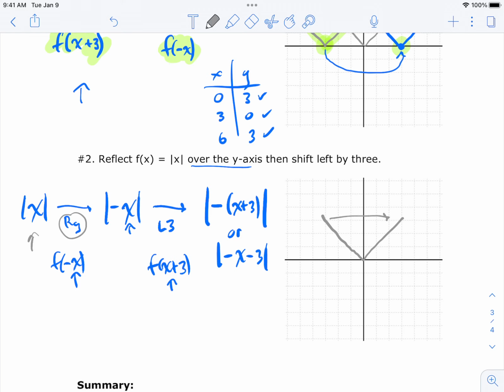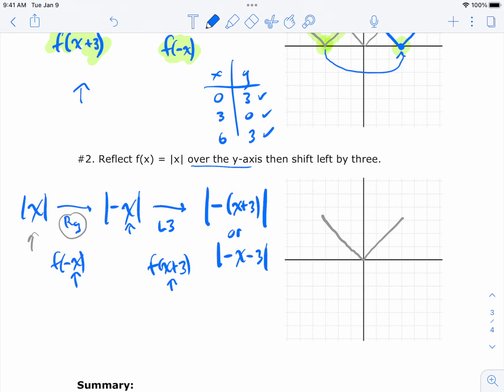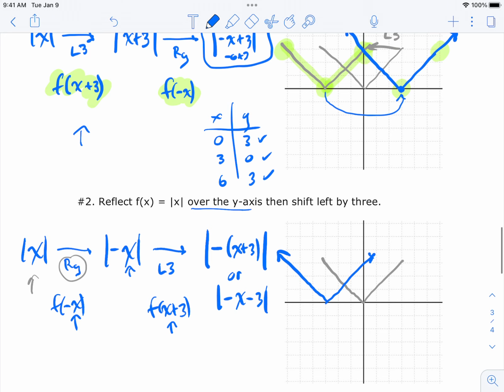This point reflects over to there, this point reflects over to there. It's not going to look any different at all. So reflecting over the y-axis actually does nothing. So what's going to happen is you're going to then shift it left by 3, which means it's going to have to end up over here. So there's your final answer this time.